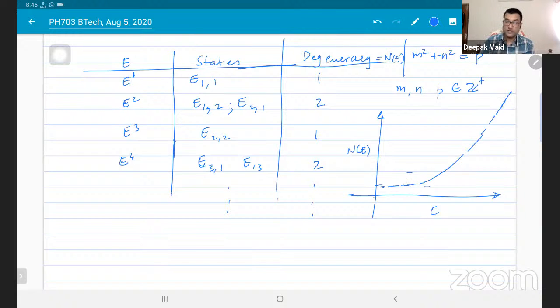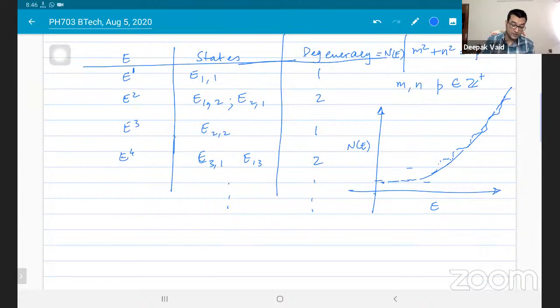Taking a guess, it will be a monotonically increasing function, right? It will have some plateaus or something like this, but it will overall be an increasing function. So this n of E is known as the density of states. Well, the density of states is actually dn by dE.